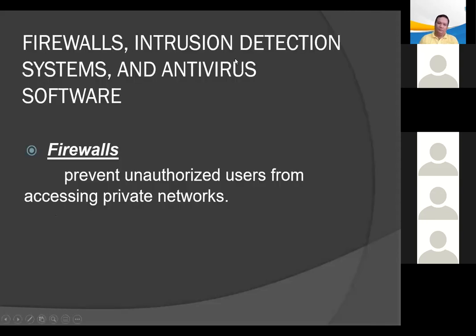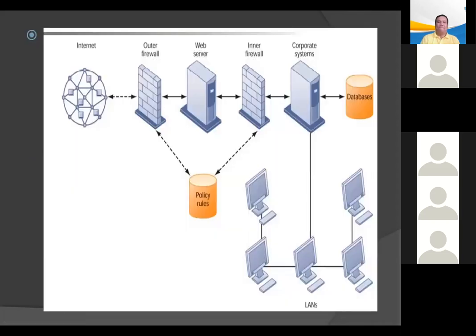So for firewalls, intrusion detection system, and antivirus software. For firewalls naman po, it keeps the unapproved clients from getting to a private organization. From this picture po, it is generally placed between the organization's private internal network and disrupted external network such as the internet, yung outer firewall, web server, inner firewall, tsaka yung corporate system.